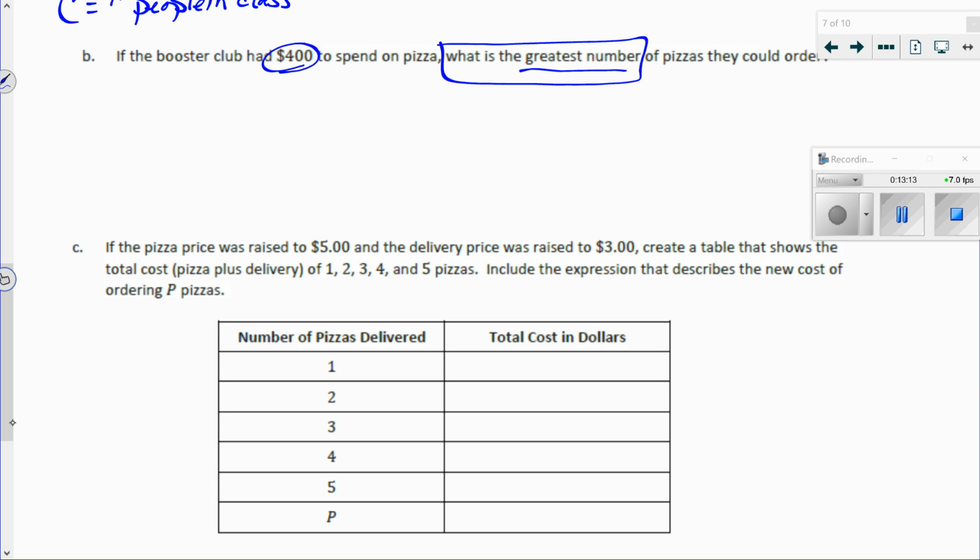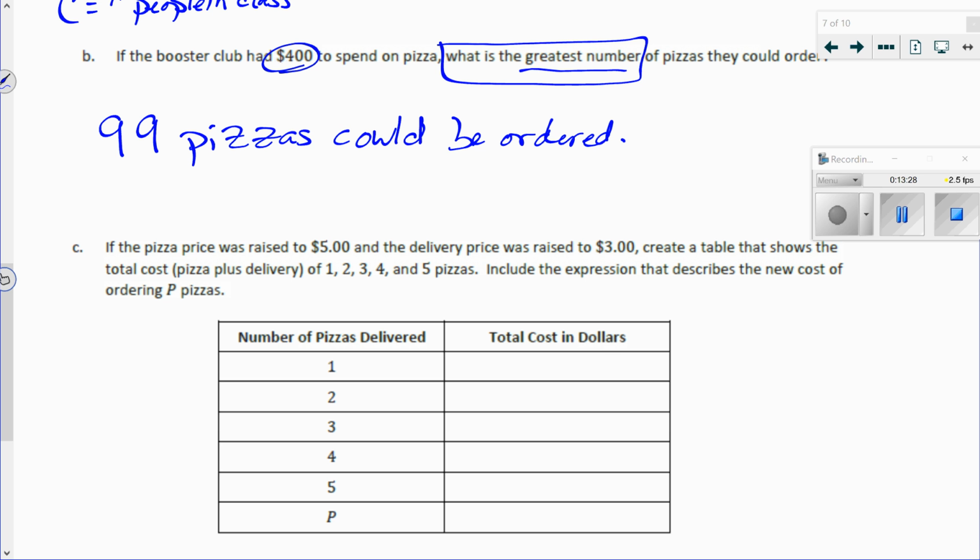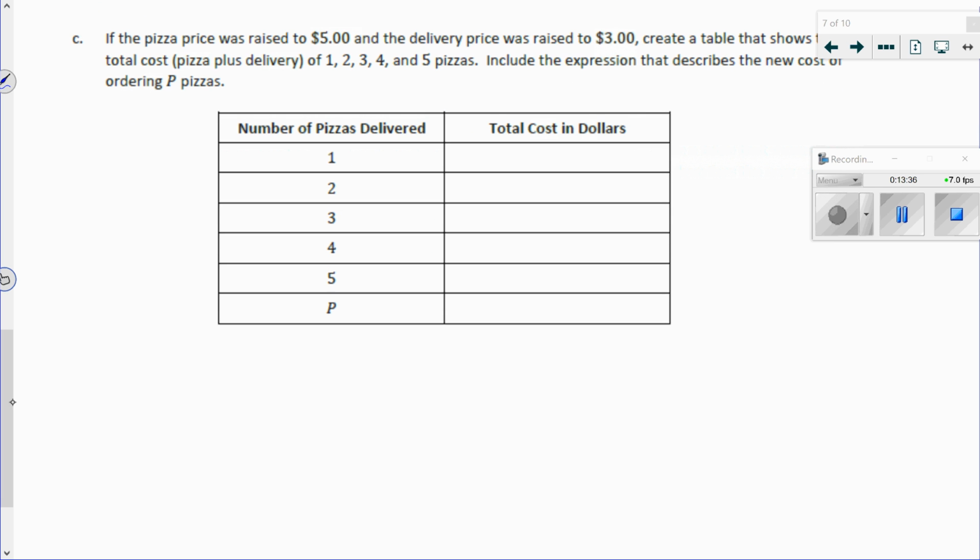So I don't have enough money left to get another one. So you are correct. 99 pizzas could be ordered. Couldn't do 100 because then I wouldn't be able to pay the delivery charge. Although having done this before, if you actually talk to them and you're ordering 100 pizzas, they'll normally waive the delivery charge at that point.